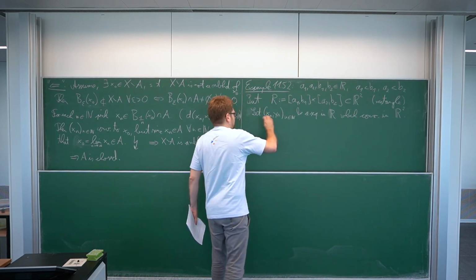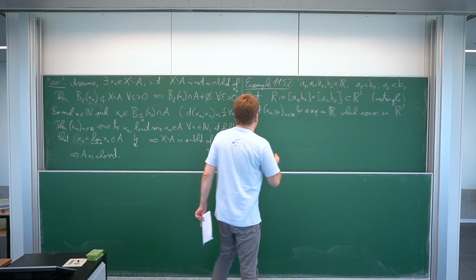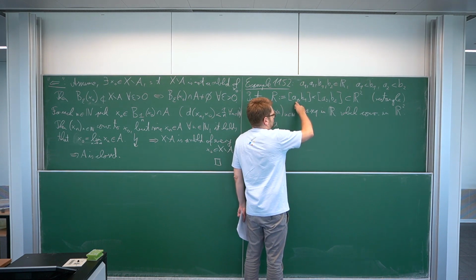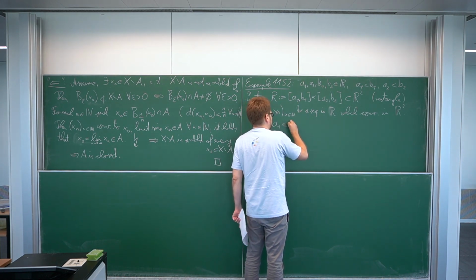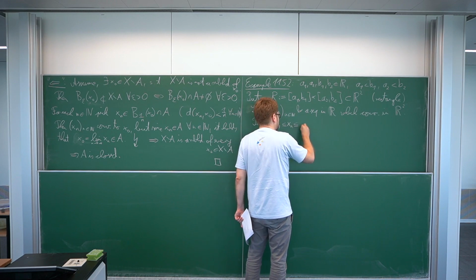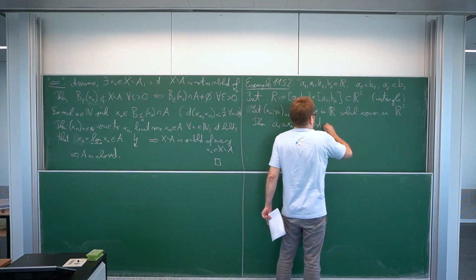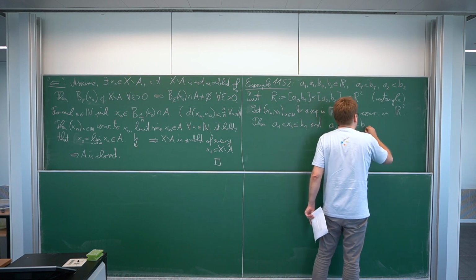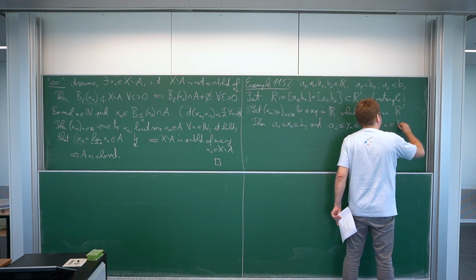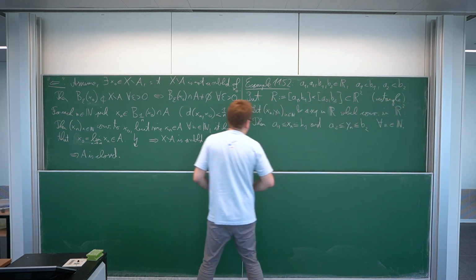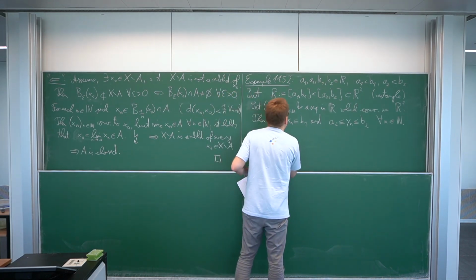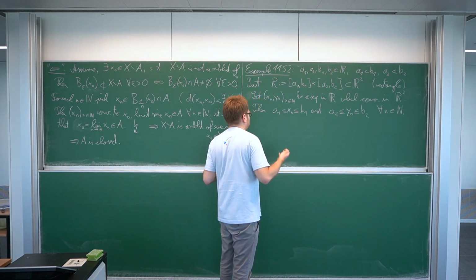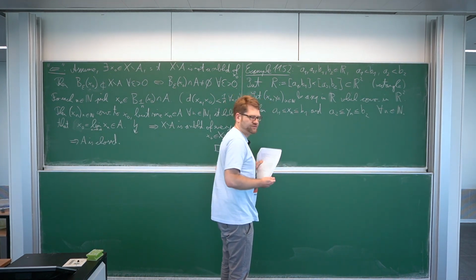Okay, but as we know, this lies in this rectangle. We know that xn lies always in this interval, so a1 is smaller than or equal to xn, smaller than or equal to b1, and a2 is smaller than or equal to yn, which is smaller than or equal to b2, and this holds for all n in N. And we know if we have a convergent sequence, so first of all, this is a convergent sequence in R2, and we have seen that a sequence in R2 converges if and only if the two sequences themselves converge.